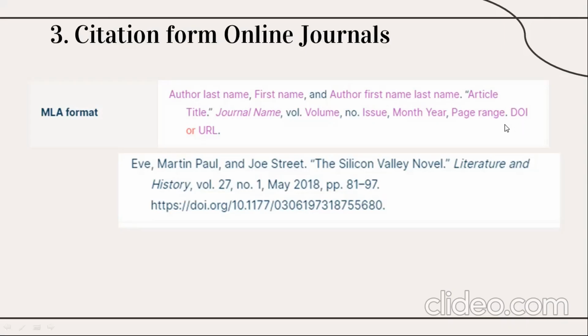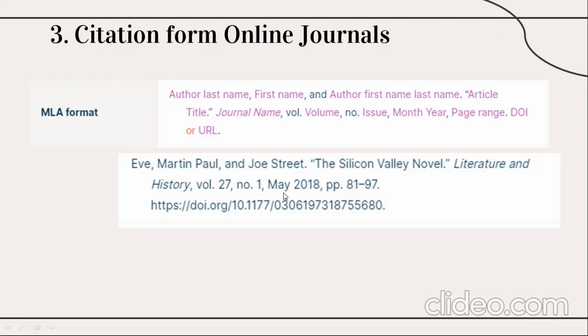Sometimes we refer to an e-journal also. So there's an example here, Eve Martin Pole. The full name is Martin Pole, Eve, so last name is Pole, comma, Eve Martin. There's one more author, Joe Street. And the paper name is The Silicon Valley Novel. It was published in Literature and History, volume number 27, issue number 1.